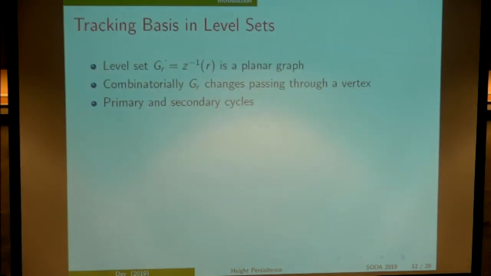Okay, so what do we do? So basically now comes the algorithm. I have to track the level sets, which is a graph, because it's a 2-complex embedded in R3. If you take a level set, it's a plane graph. The level sets look something like this.